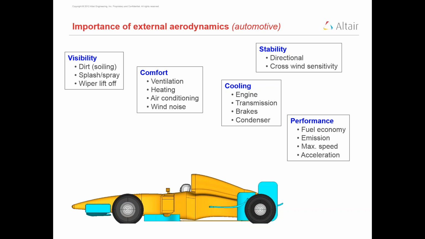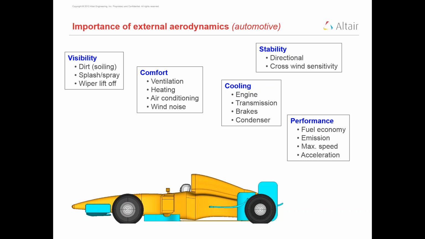Okay, so how would aerodynamics help in increasing the performance of your vehicle? Basically the fuel economy, the emission, that's why the exhaust system also plays an important role. If your exhaust system doesn't work properly, all your exhaust gases would be reflected back to your engine, and the performance of your engine would be affected hugely.